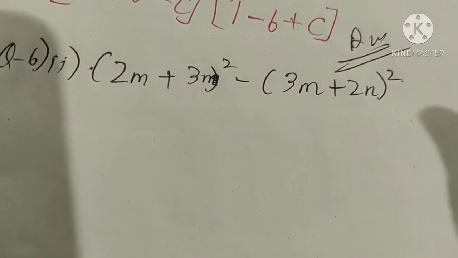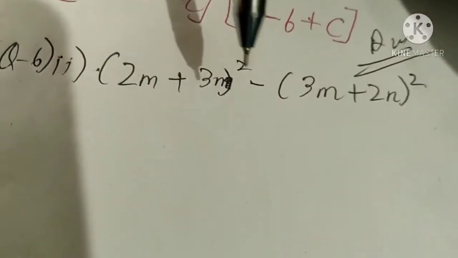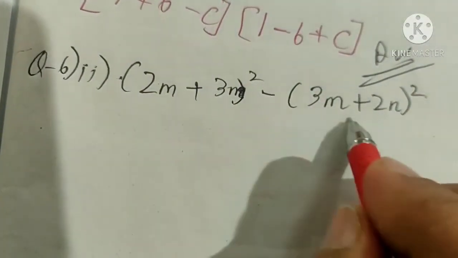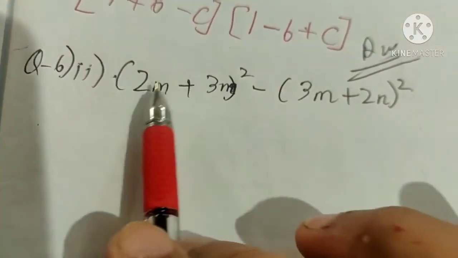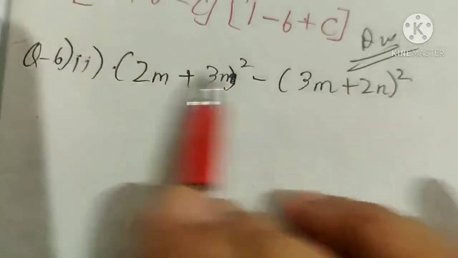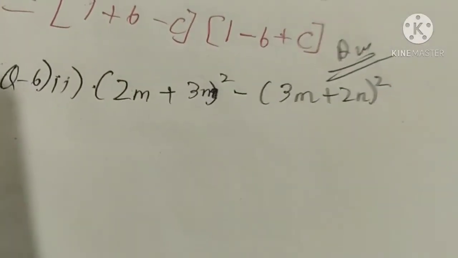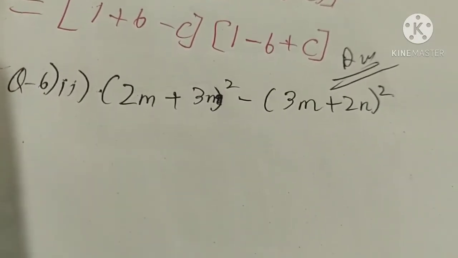So moving to the next question. The next question is (2m plus 3n) to the power 2 minus (3m plus 2n) to the power 2. These are 2m plus 3n and 3m plus 2n, so both are different. As said in the last question also, whenever there is a bracket, it is considered as a single term.